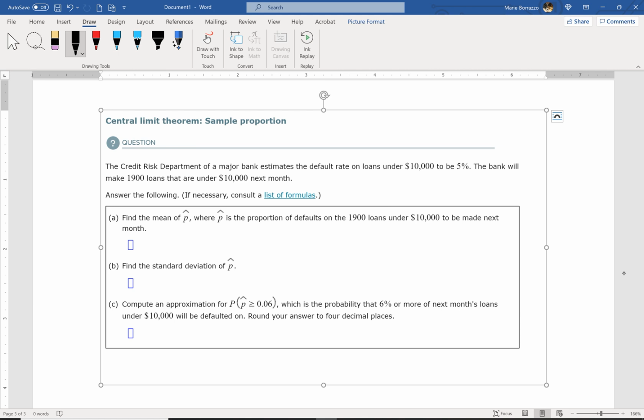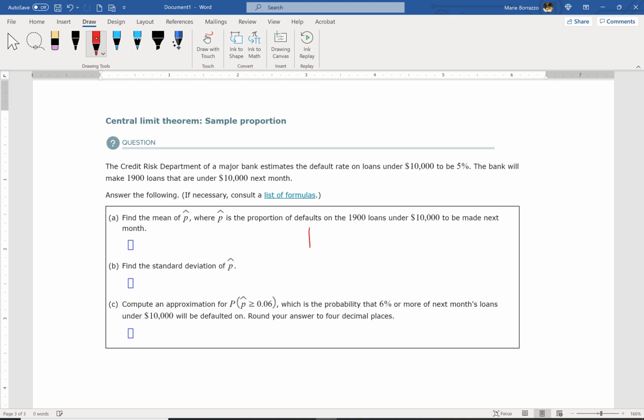So they're already giving you the answer for p hat. So p hat is really 1,900 times 0.05, all divided by 1,900. That is given to you as your p hat.